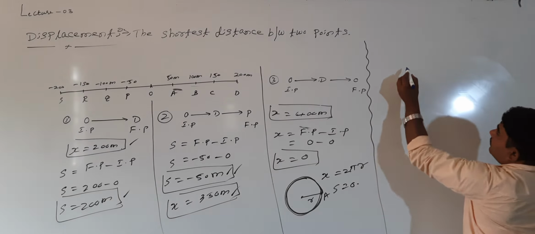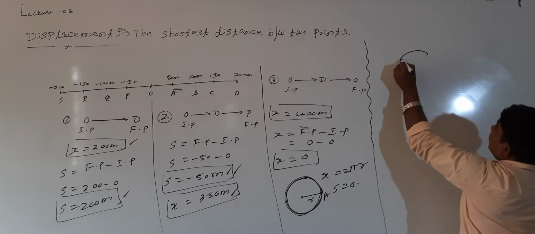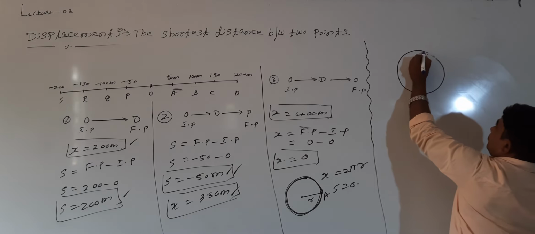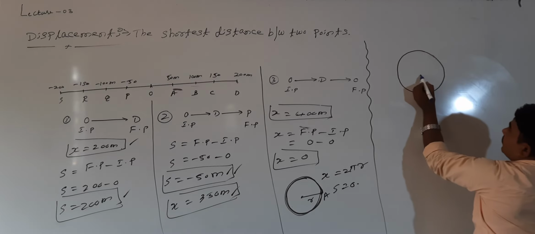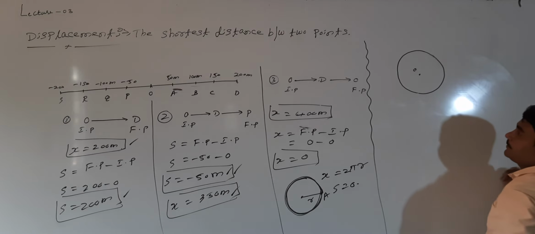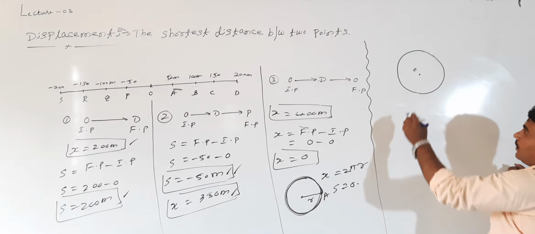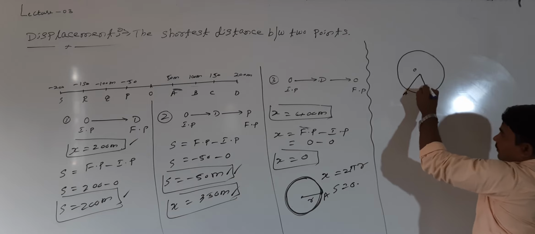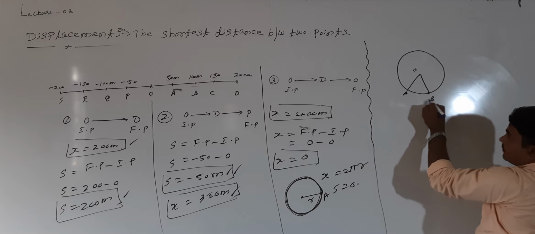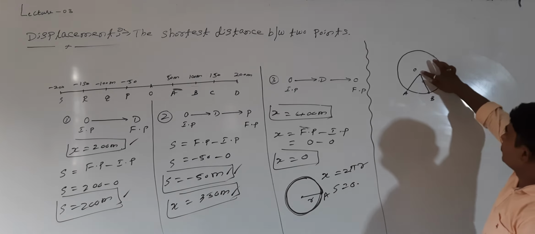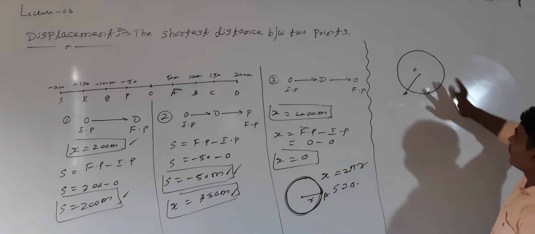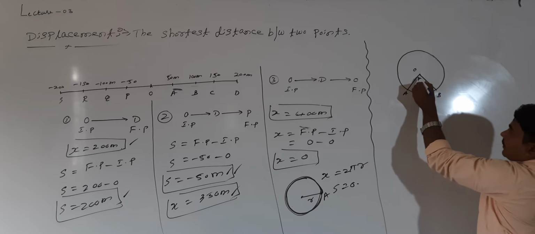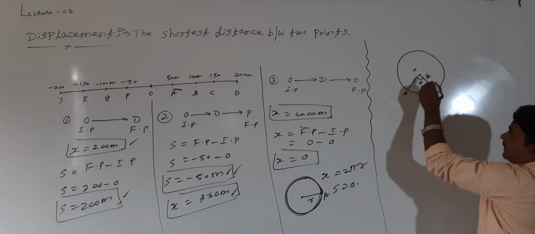See, it is a circle. This is the center, which we can call O. Let us take this point A, and this we are calling point B. This is theta subtended at the center.